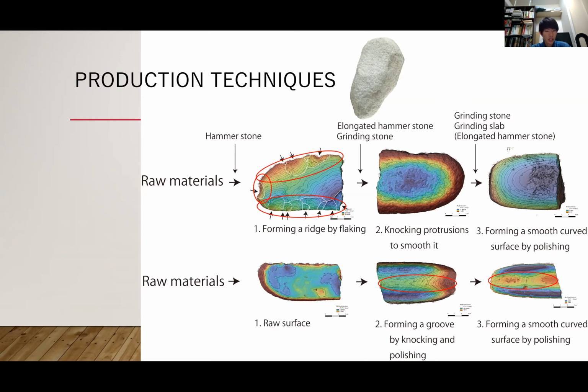In the third stage, the curved surface formed in the second stage is smoothed by polishing.